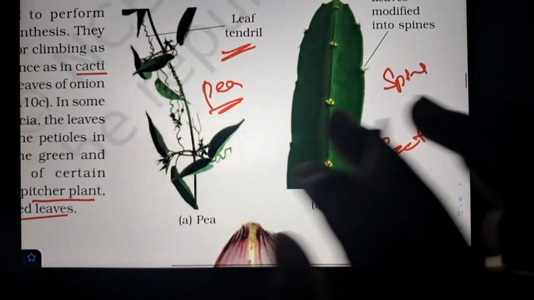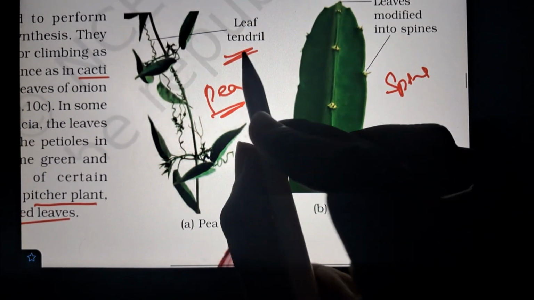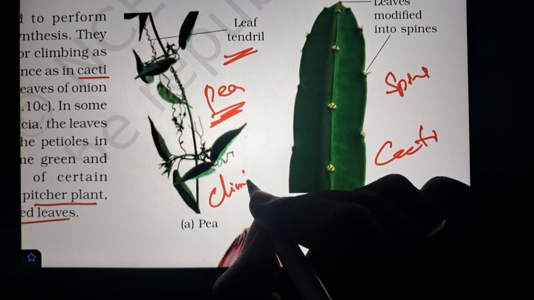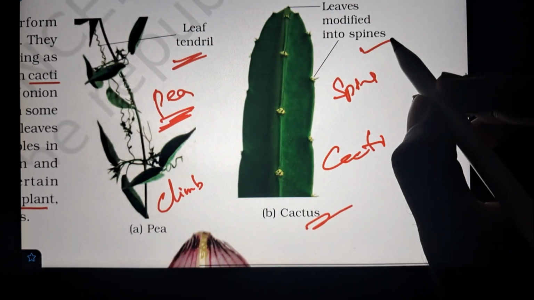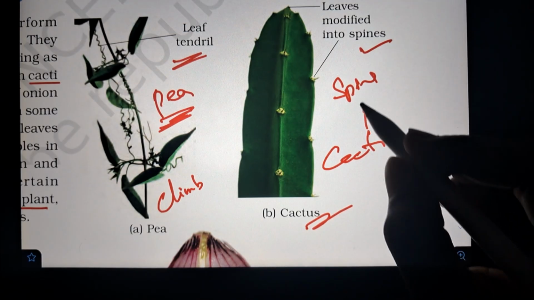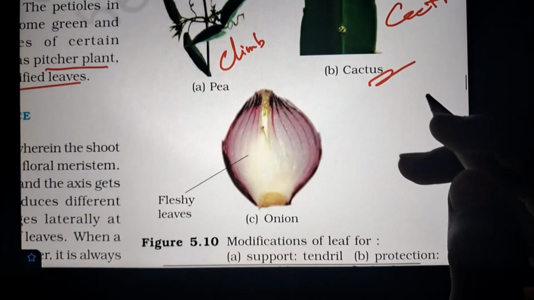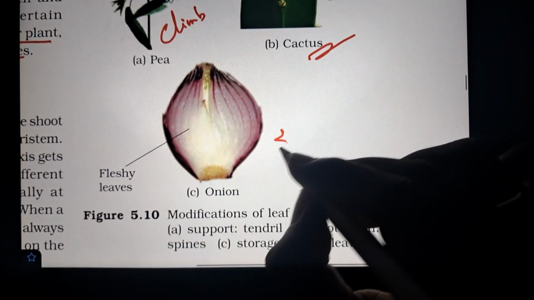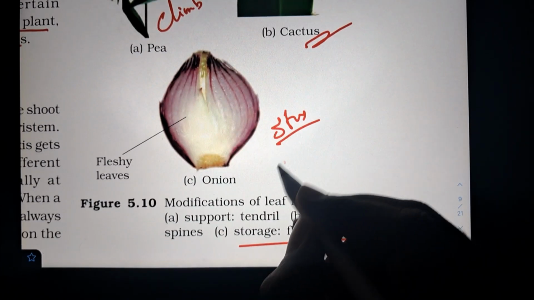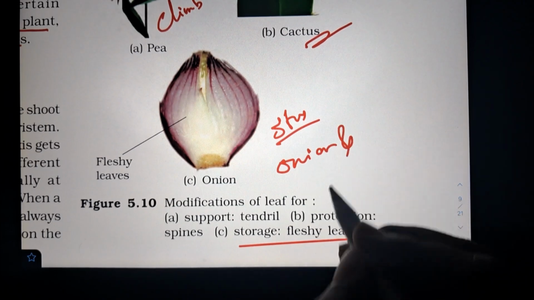Here, first, the leaves are modified into tendrils, for example in the pea plant for climbing, and into spines in cactus for protection. Next, leaves are modified for food storage, for example onion and garlic.